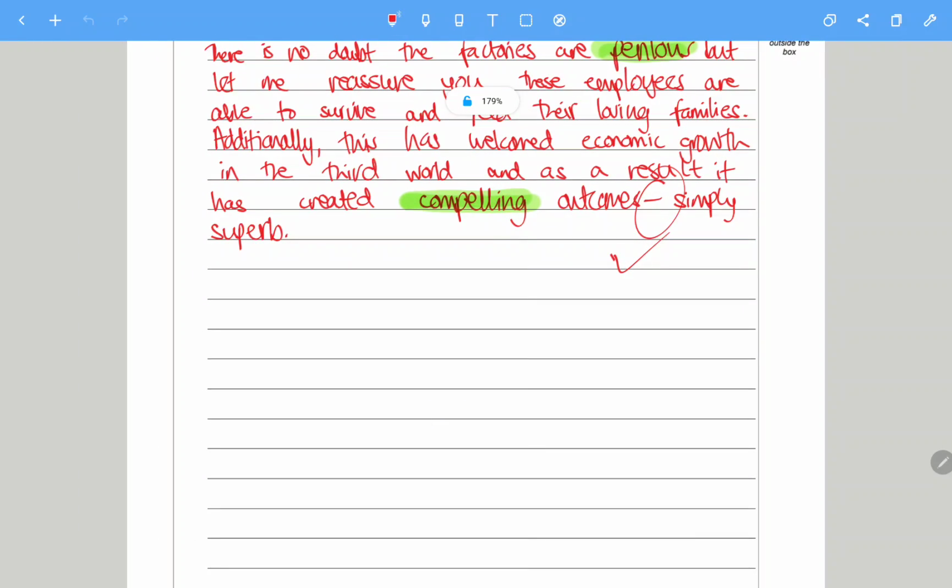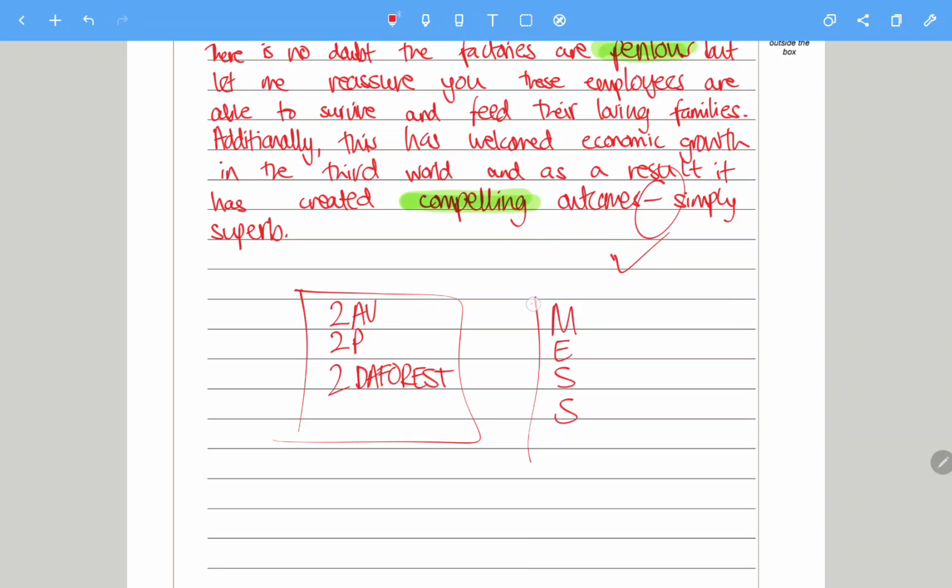Just to wrap up and remind you again, remember each paragraph has to consist of 2 AV, which is ambitious vocabulary, 2 punctuation, and 2 types of De Forest techniques. And remember in terms of the plan, we went over an acronym called MESS. You use these two together.